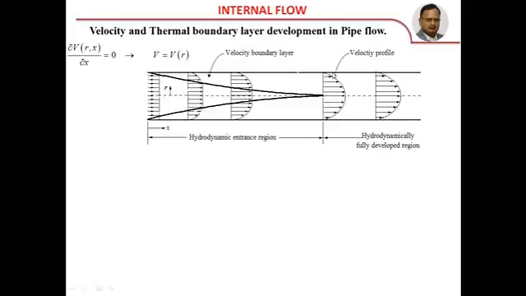So this is another important observation. As we move in the x direction along the length of the pipe, the velocity profile gradually changes and then it becomes constant.